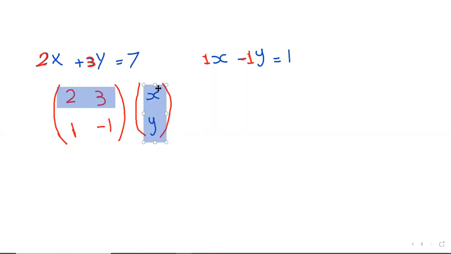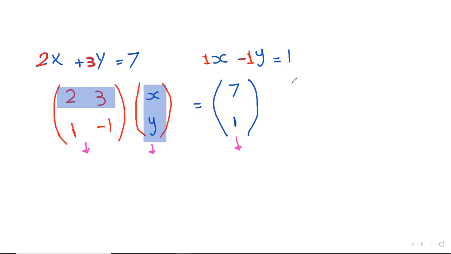So it's 2 times x plus 3 times y equals what? Equals 7. So here write the absolute values. And here it's 1. So here it's the matrix of the coefficients, and here it's the variable matrix, and here is the absolute values matrix.